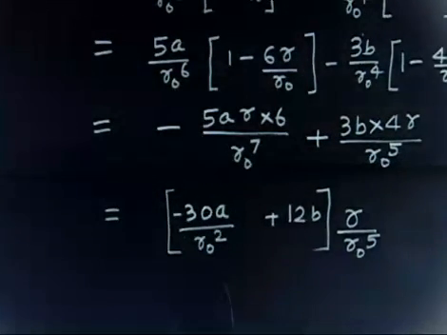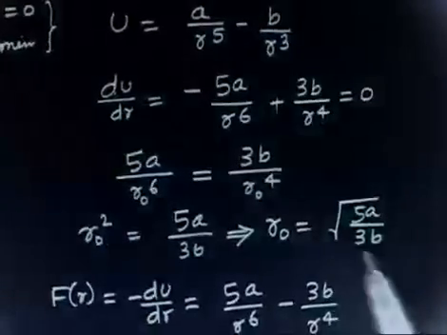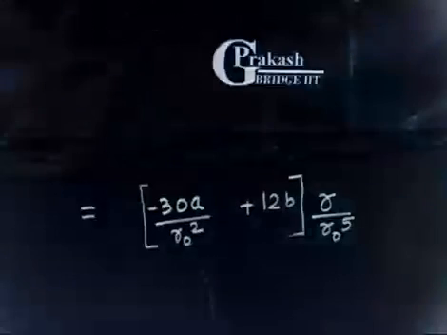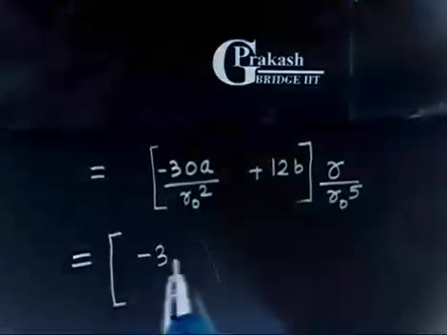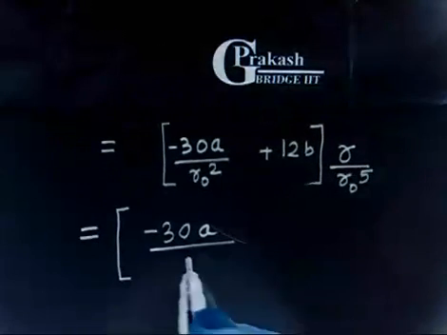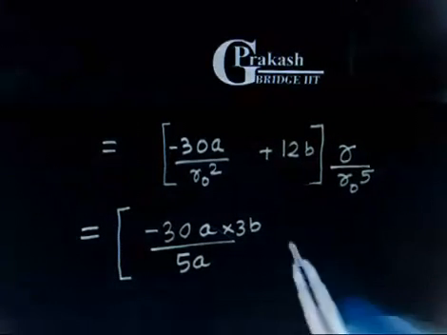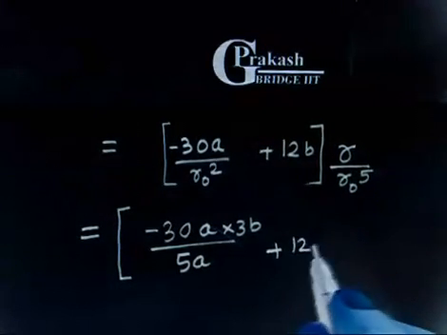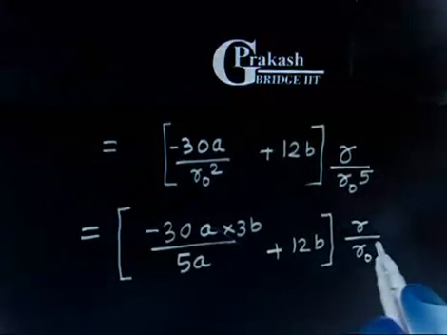Now plug in the value of r naught squared. r naught squared is 5a by 3b, so this value will be minus 30a divided by r naught squared, that is 5a over 3b, plus 12b, this into r by r naught to the power 5.